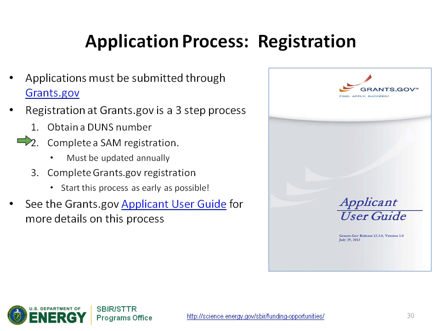Second, you have to complete what's called a SAM registration. This is the System for Award Management. Anybody trying to get federal funding, whether through a grant or a contract, has to complete this registration. And then finally, you would be able to complete the grants.gov registration once you do either of these.